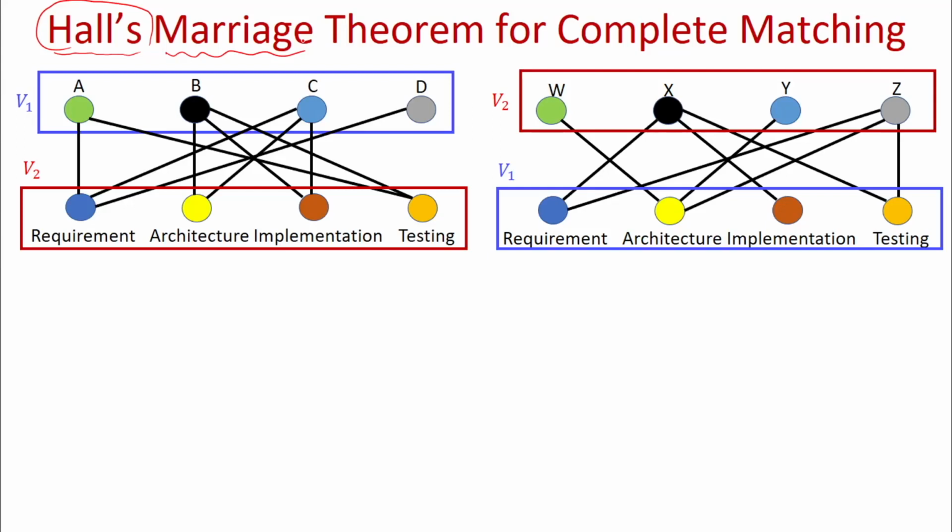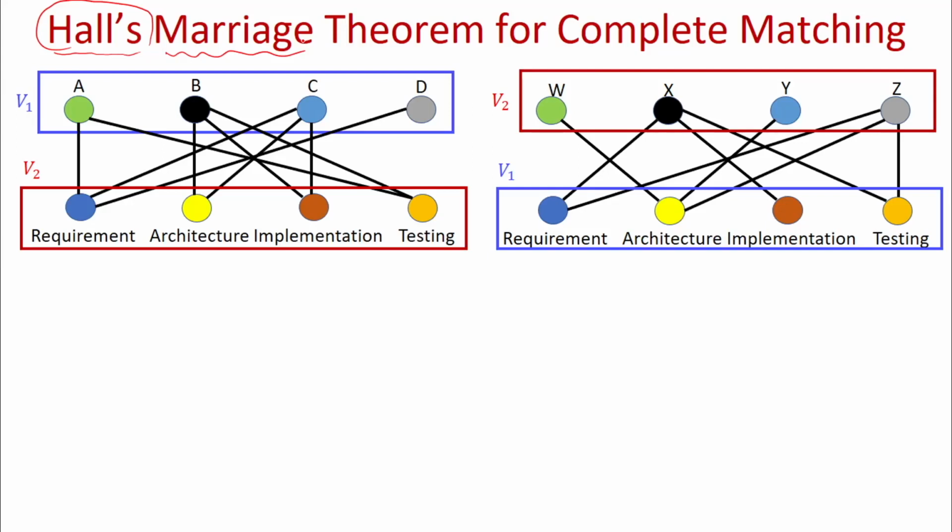So if some boys prefer some girls, and vice versa, you will have the corresponding edges between the vertex sets V1 and V2, and we would like to find a complete matching from V1 to V2 in the sense that we would like to ensure that each boy gets a wife or a bride with respect to the preferences that he has, and we want to ensure that all the boys are covered.